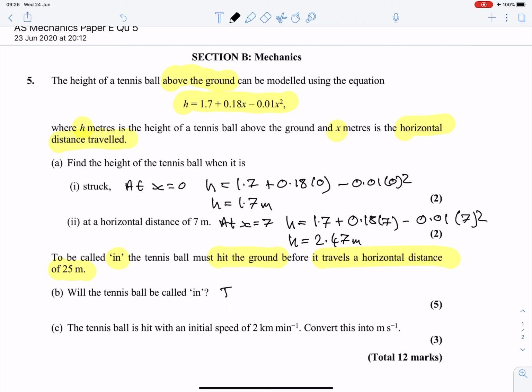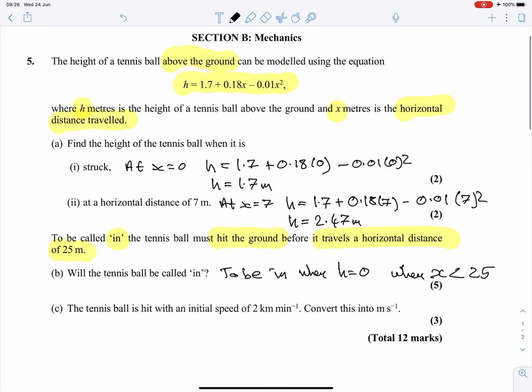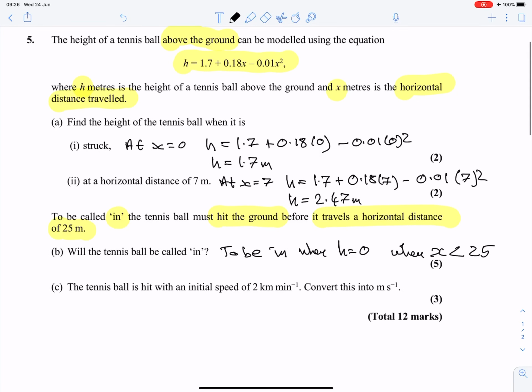So let's substitute in h equals 0 and solve the equation. So part B, at h equals 0, naught equals 1.7 plus 0.18x minus 0.01x squared.